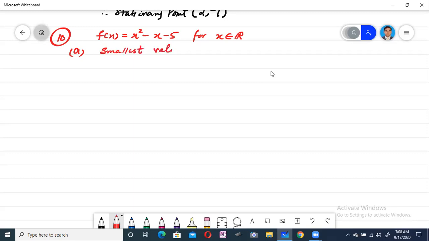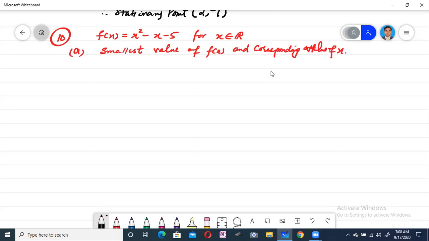Smallest value of function f of x and corresponding value of x.